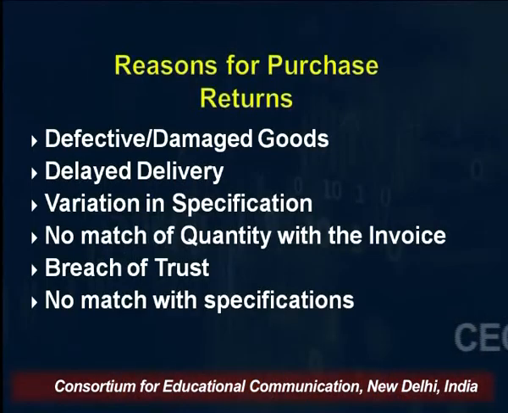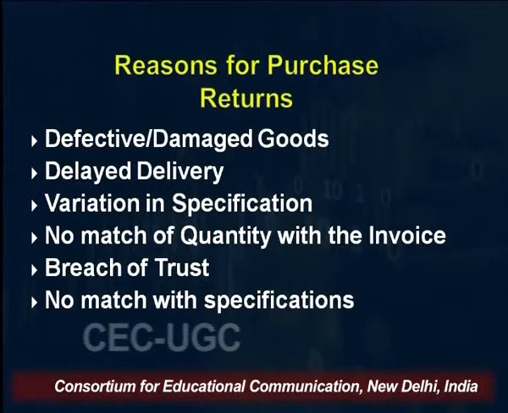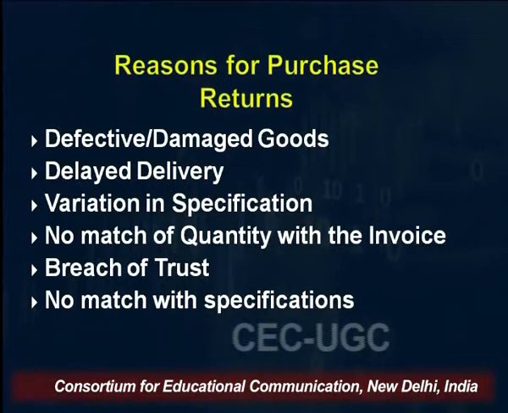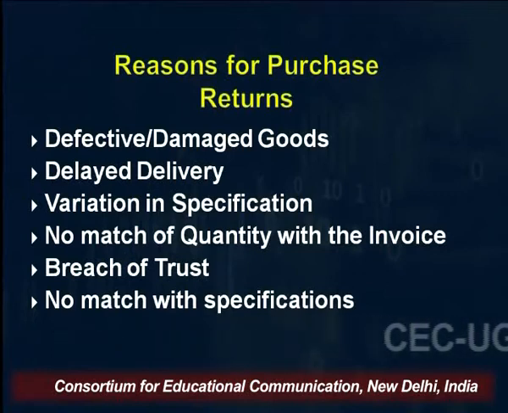Then there could be some breach of trust. Breach of trust means you had an agreement with the seller, right? You have purchased from somebody who is a seller to you, right? So you told the seller that they must never disclose that I am buying this particular component from you.